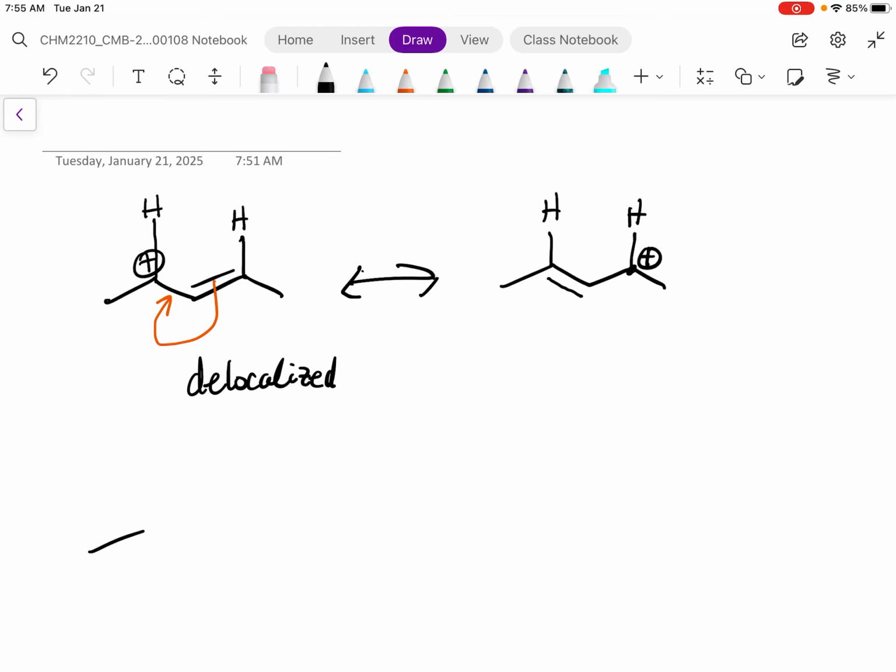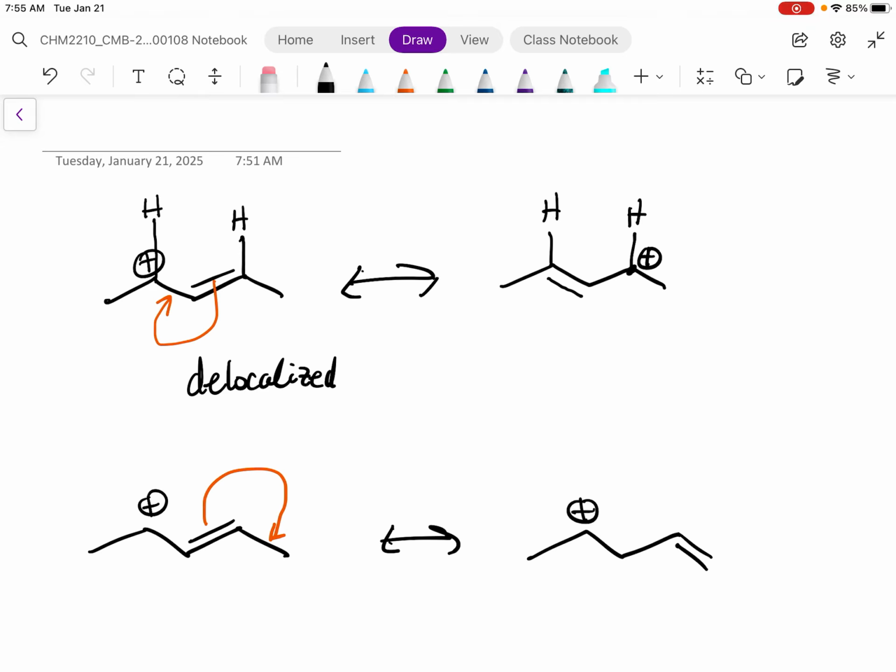What if I drew a structure like this? Would this be a valid resonance structure? The orange arrow is saying put the 2 electrons in between those 2 carbons just like that.